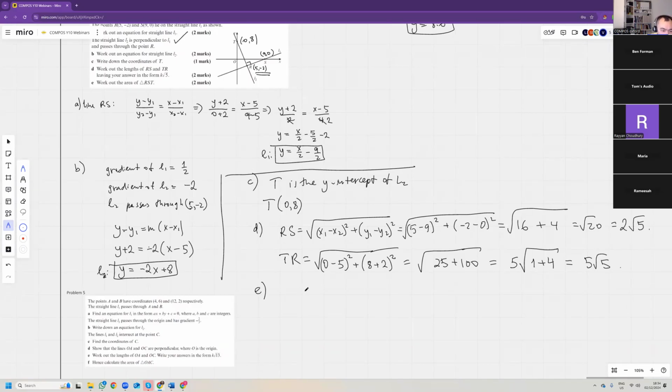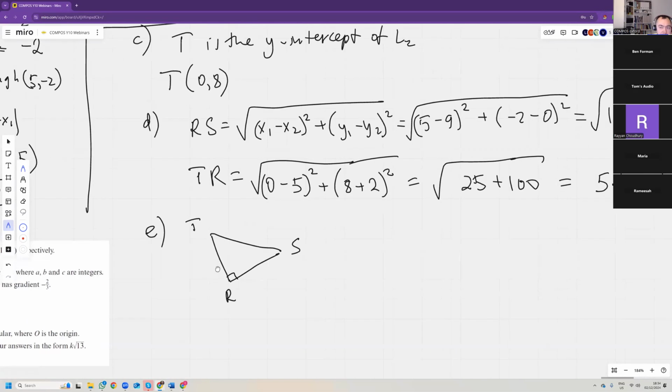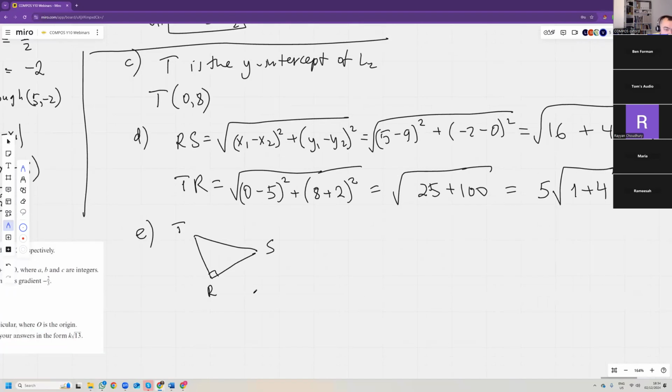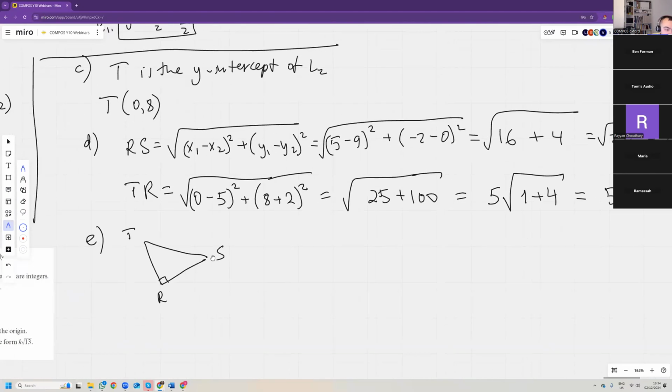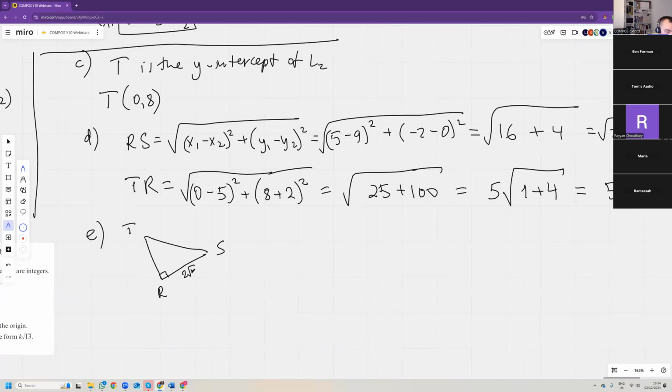So E, triangle RST, T, R, S. We know that this is a perpendicular. This RS is 2 root 5, and this is 5 root 5.